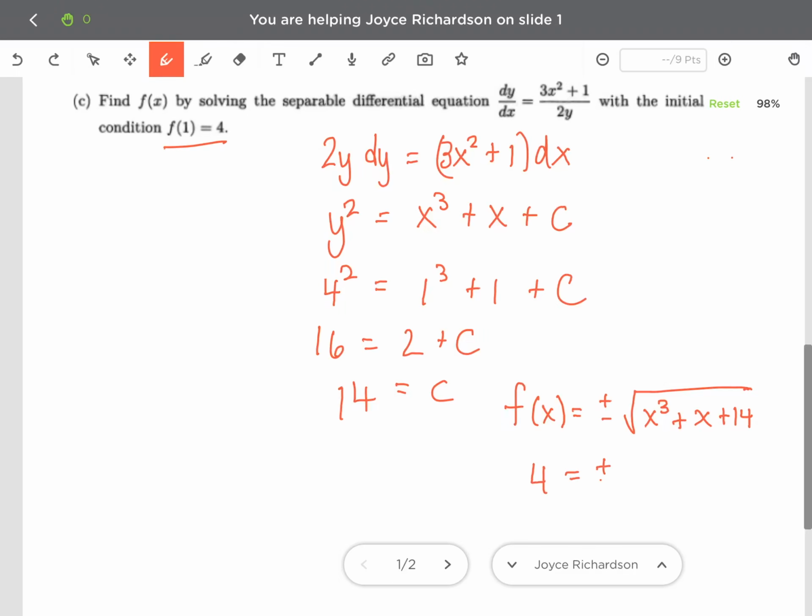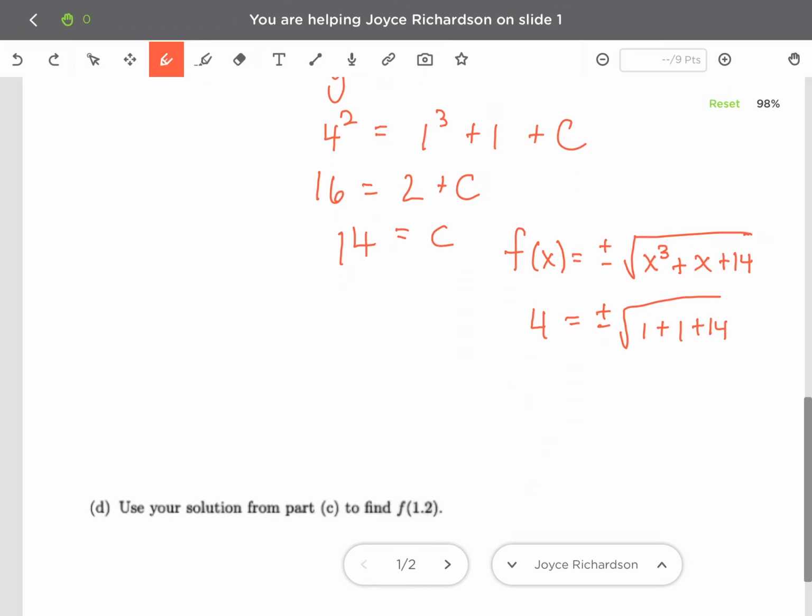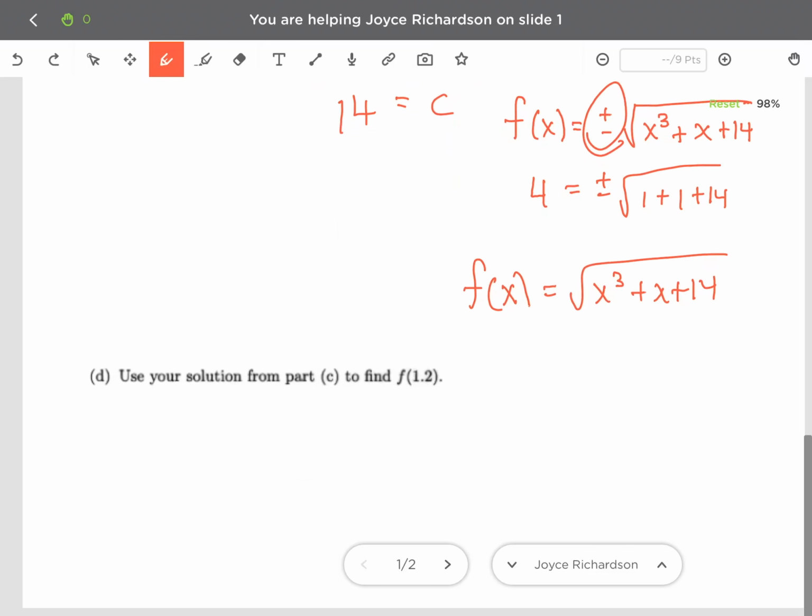So this should be 4 is equal to plus or minus the square root of 1 plus 1 plus 14. So this is going to be positive. So I know that f of x is going to be the positive square root of x cubed plus x plus 14. Some of you did not do that. I didn't take a point off this time, but if you're solving for your original function, then please make sure if you have to take the square root, you're considering the positive and the negative.